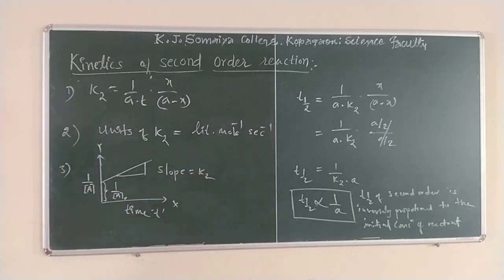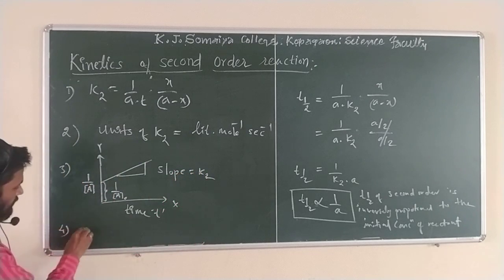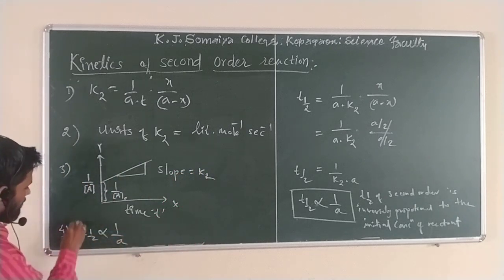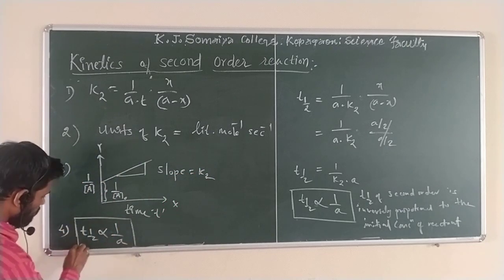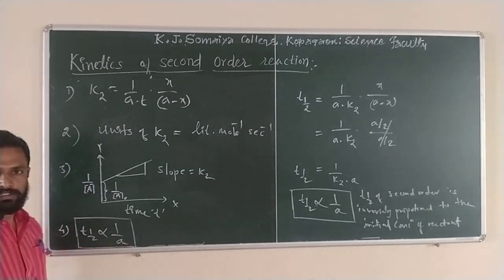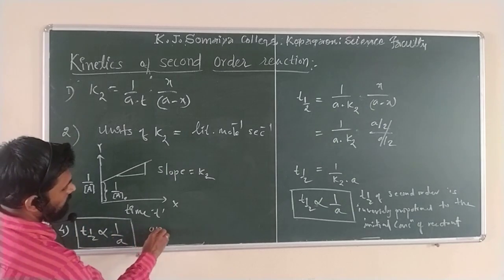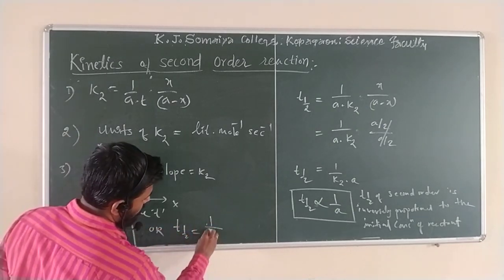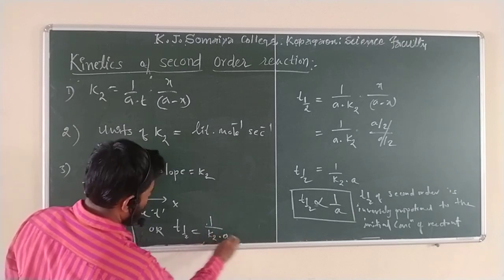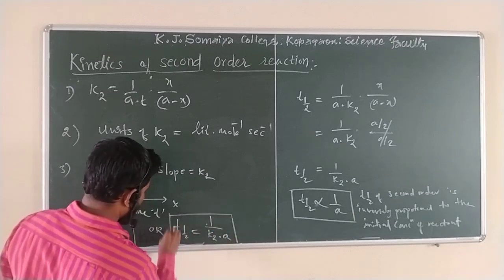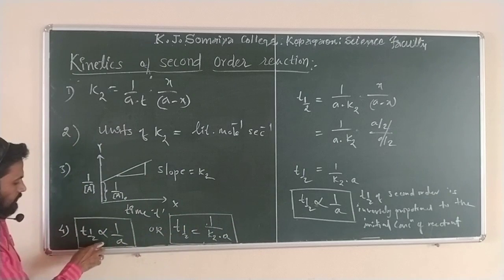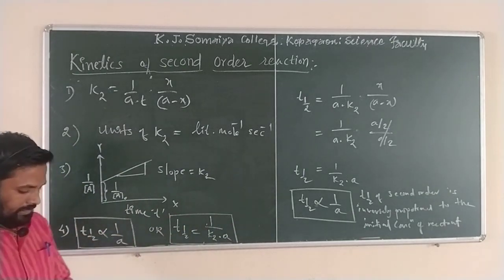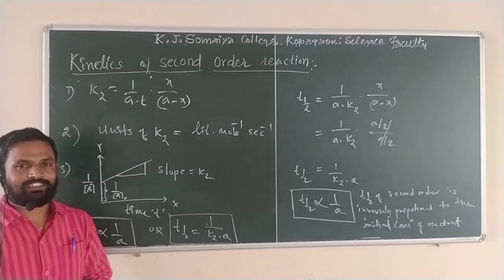This we saw. And the last one: t half of a second order reaction is inversely proportional to the initial concentration. We saw t half is equal to 1 upon K2 a. Therefore, finally, t half of a second order reaction is inversely proportional to the initial concentration.